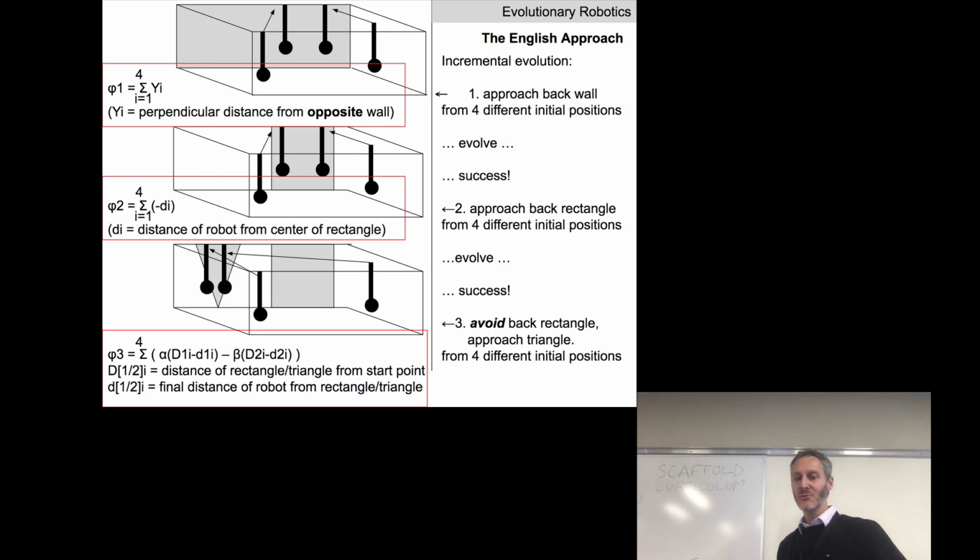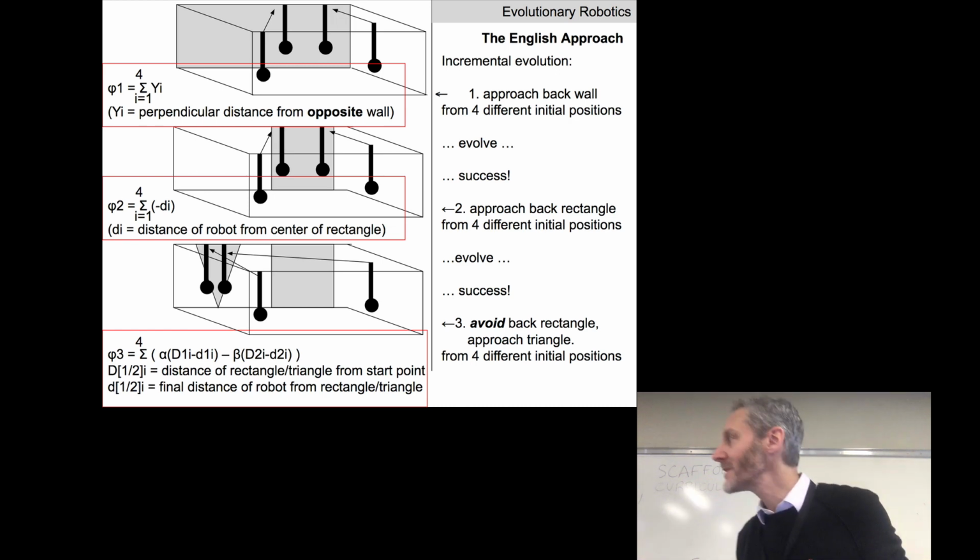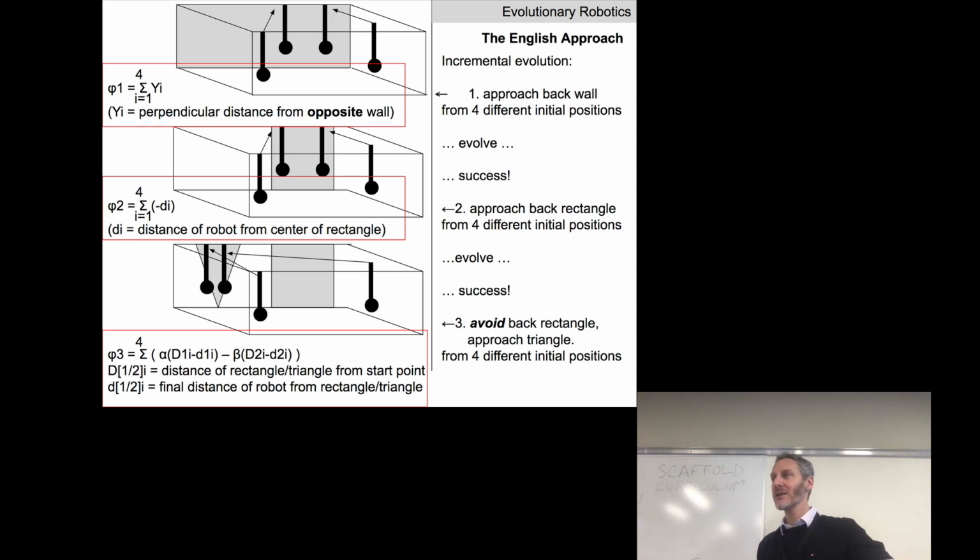D1 refers to rectangles and D2 corresponds to triangles. Would have been easier to probably write this as D sub R for rectangle and D sub T for triangle. But as you can probably see from this, we want to minimize the distance to the triangle and maximize the distance from the rectangle. Everybody see that?